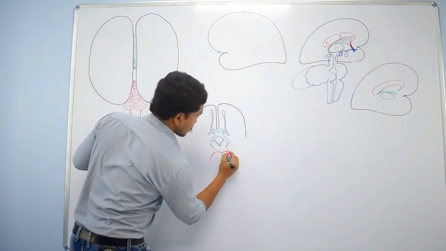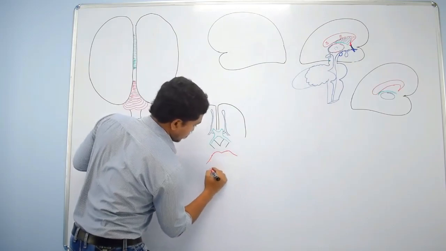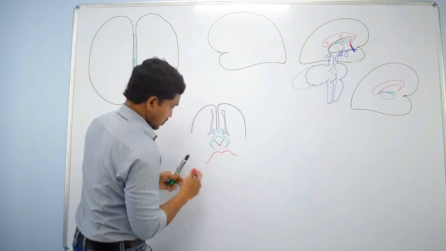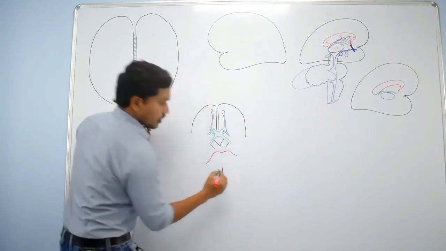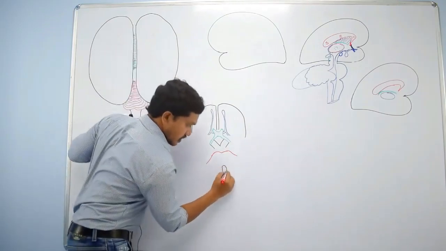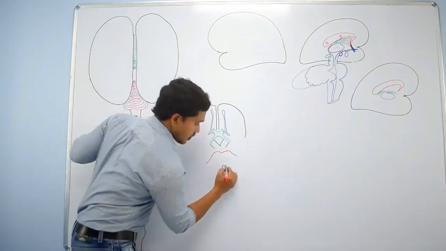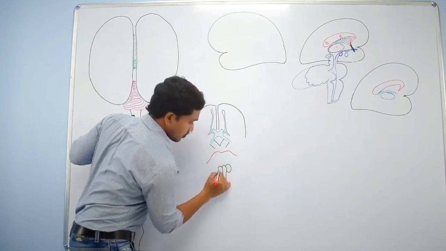This is pons, and after pons you can see the medulla oblongata, with the median sulcus, then the pyramid, and on either side of the pyramid, the olive, on both sides.